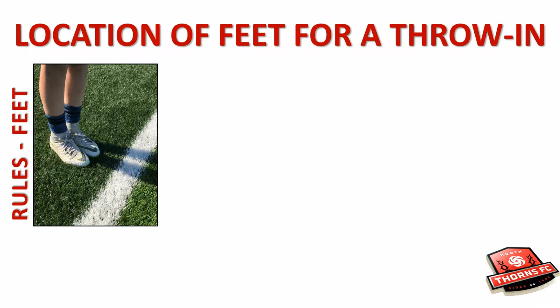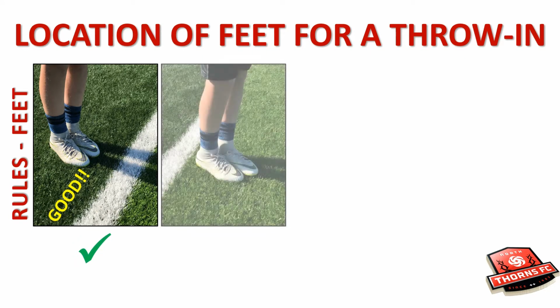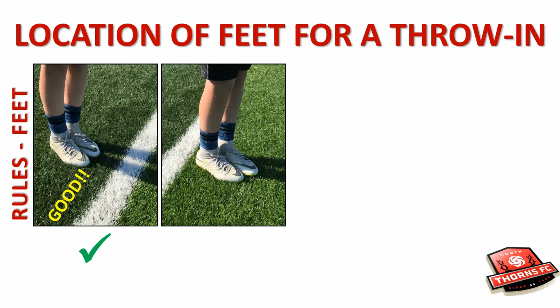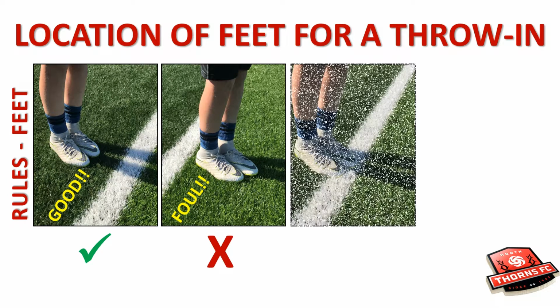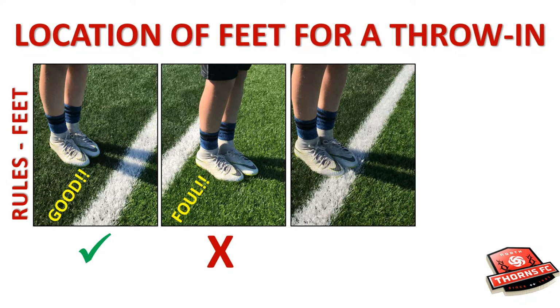For this first example, both feet are behind the touchline, therefore it is a good throw. The next picture shows both feet being on the field of play, therefore it is a foul throw. In this third slide, the feet are both behind and touching the touchline. In this case, this is a legal throw-in, therefore it is a good throw.